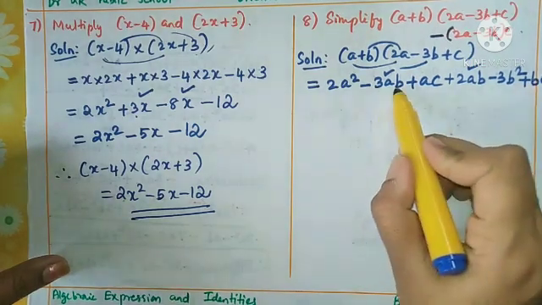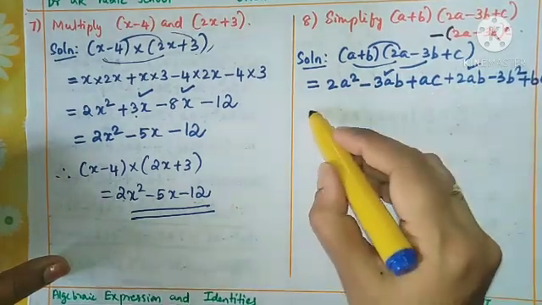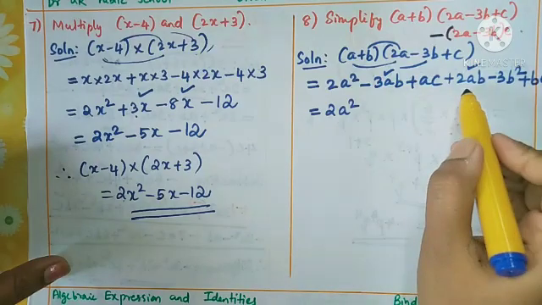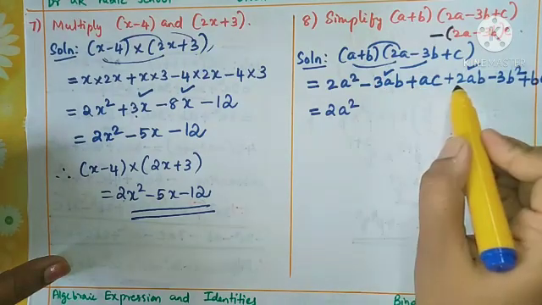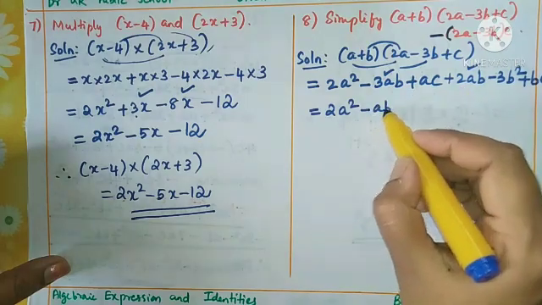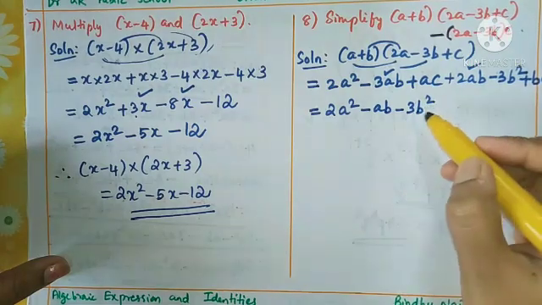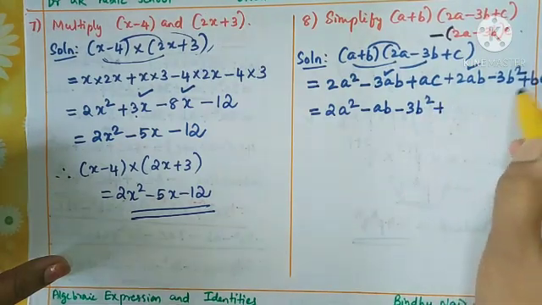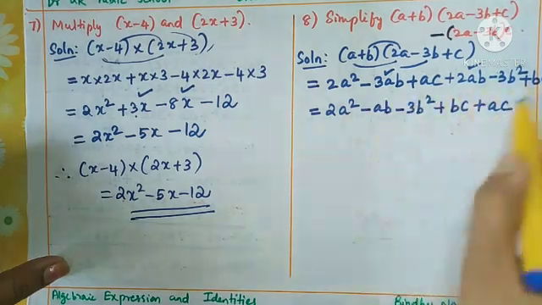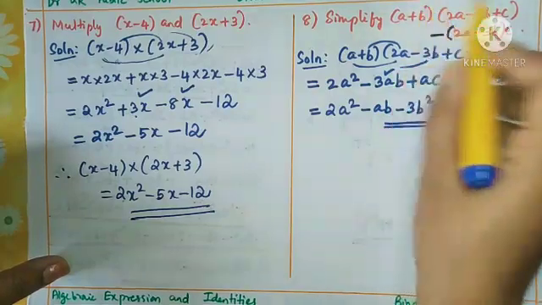Okay, so minus 3ab and plus 2ab we can combine. So this is equal to 2a square. What is minus 3ab plus 2ab? Minus 3 plus 2, that is minus 1. So minus ab. Okay, then minus 3b square plus bc plus ac. Okay, so that is the terms. So this is the answer of the first expression.